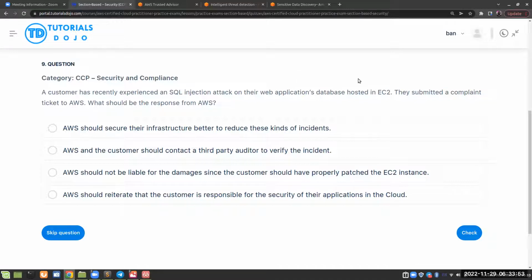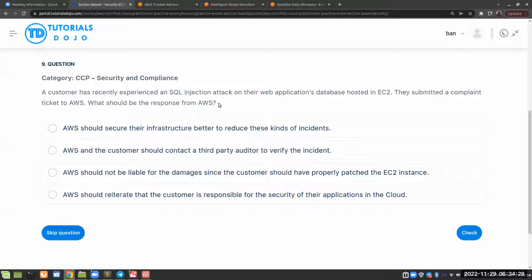So first of all, they already answered your question, the first problem, which was which AWS customer service should you inquire any support from? And now the main problem here is what should AWS do to solve the problem? So a customer is experiencing this and they have submitted a ticket to AWS that we have this problem.